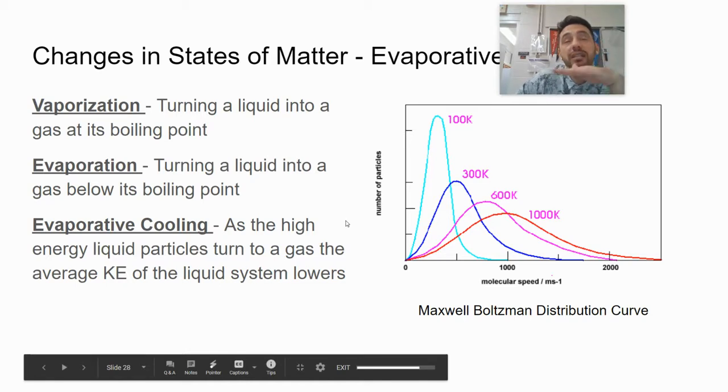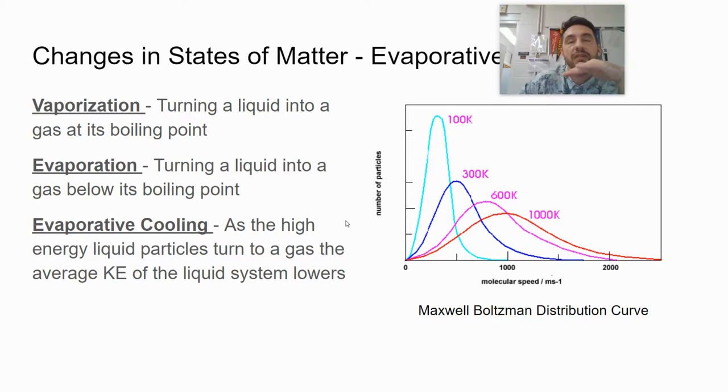So only the molecules on the surface of the liquid have sufficient energy to turn into a gas. Some of those molecules have enough energy to escape the intermolecular forces. And why is that? Well, if we look at the Maxwell-Boltzmann distribution curve here, we see that even at low temperatures, there are some molecules that are moving very, very rapidly. 100K is very, very cold.